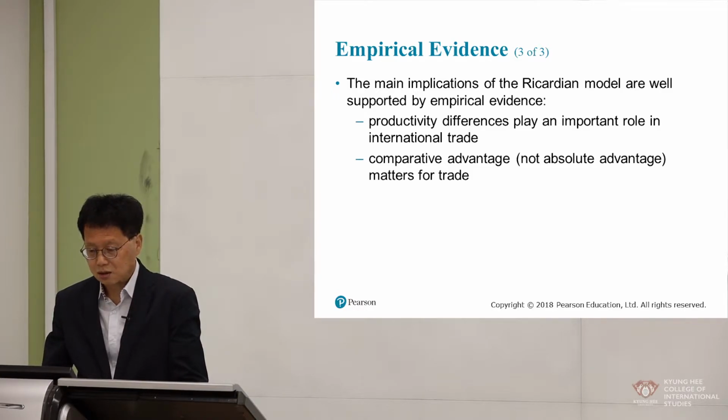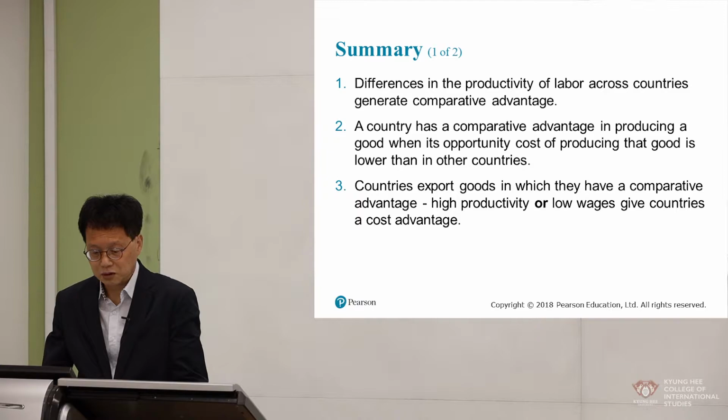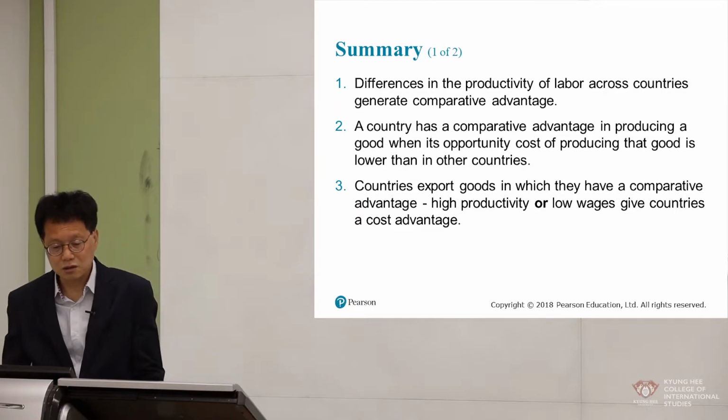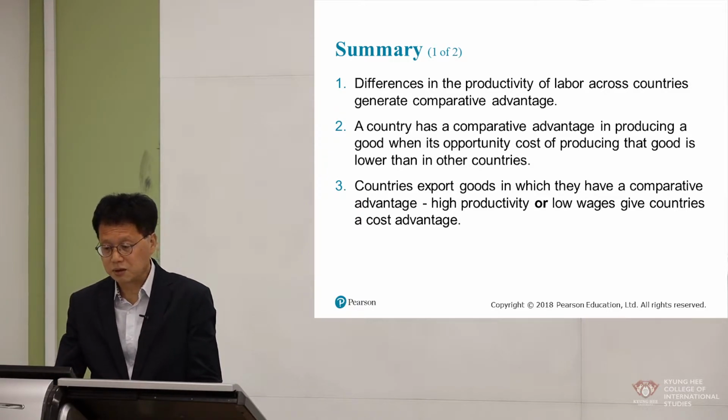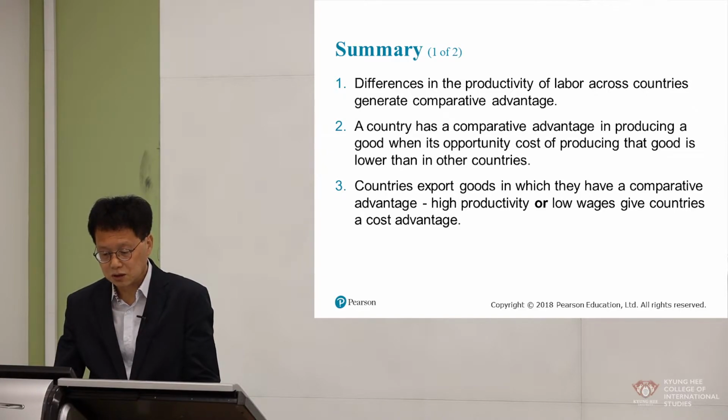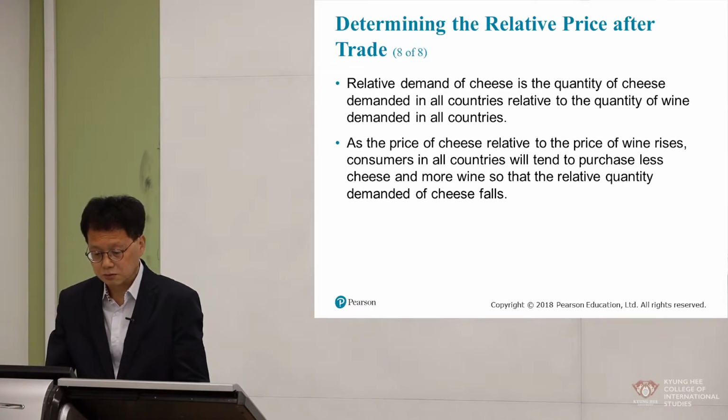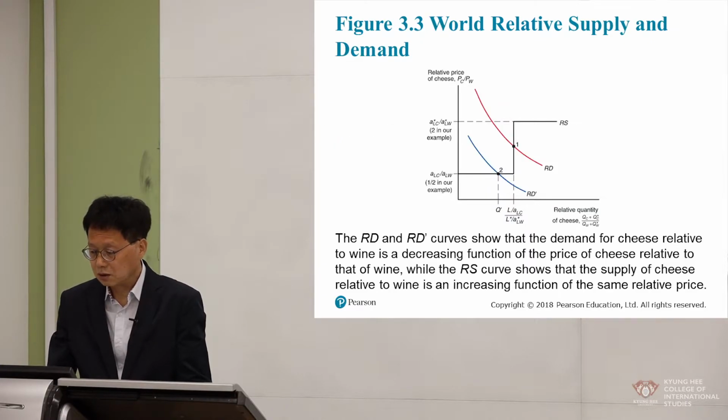Then summary skipped. Then only one section left, right? That is, I skipped just one section until now. That is the relative demand and relative supply story, starting from slide number 42. Relative 43.